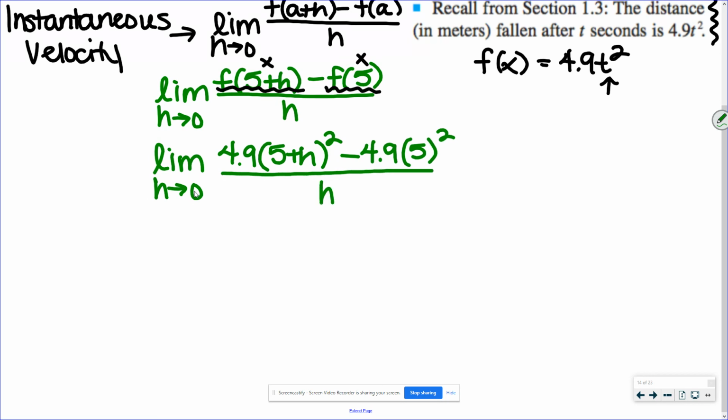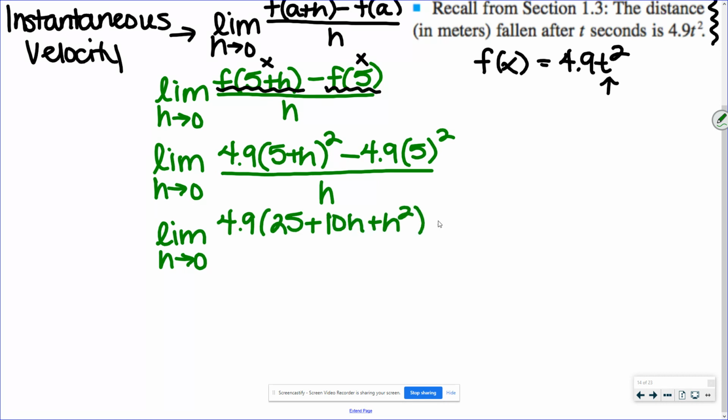Now I really do want to take the limit, I just cannot right now, because if you plugged in 0, you would get something that's not computable. So instead, we're going to multiply everything out. I would get 25 plus 10h plus h squared, minus 4.9 times 25.